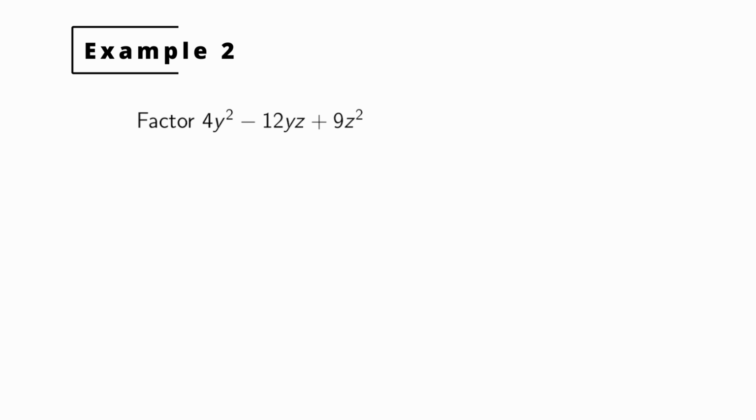Here we have a slightly more complicated example. So the first step might be to check also, is there a common factor amongst these three terms? But there is not. But we notice the first term, 4y squared, could be written as 2y quantity squared. The third term, 9z squared, could be written as 3z quantity squared.